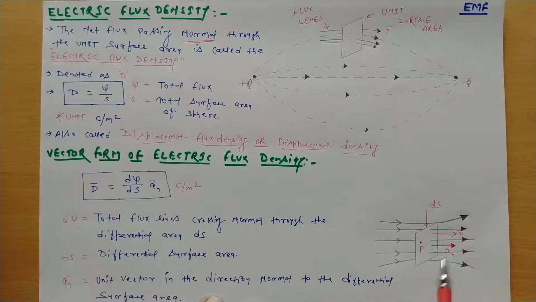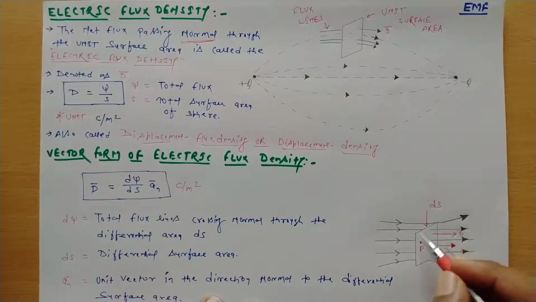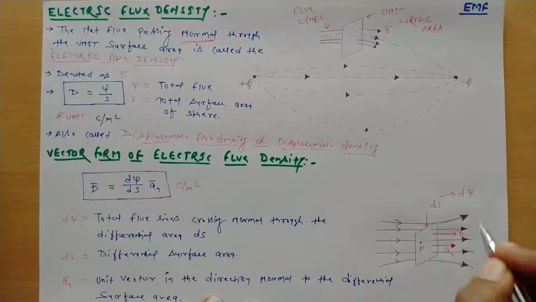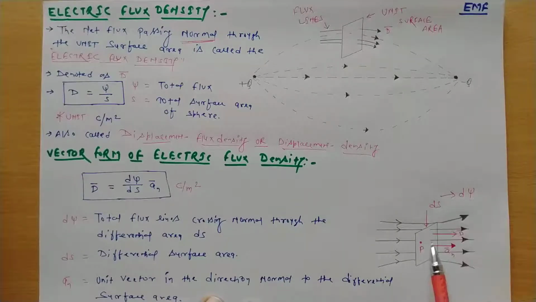So this is our differential surface area dS at a point P, and the flux crossing through this differential surface area is d psi. In this differential surface area, the amount of flux lines passing through is d psi.